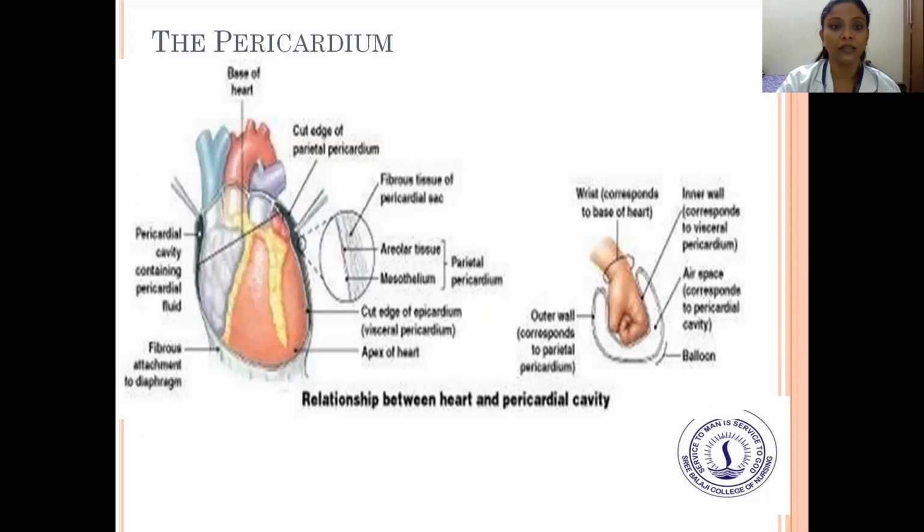The relationship between the heart and the pericardial fluid: you can see the cut edge of the parietal pericardium, which has fibrous tissue, areolar tissue and mesothelium, and the cut section of the pericardium, which connects to the apex of the heart.